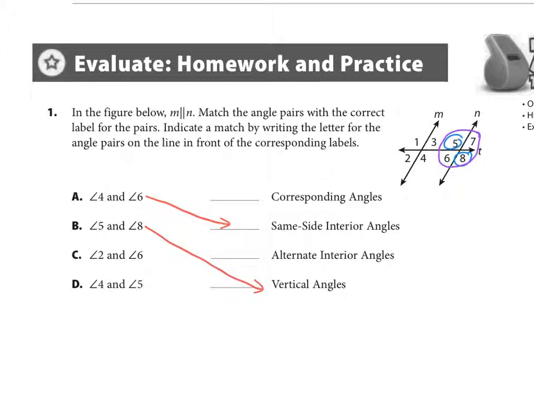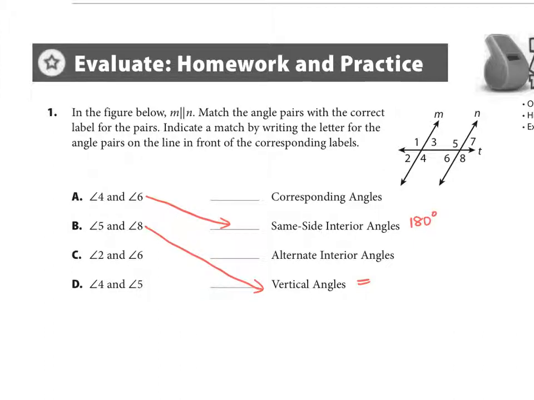Otherwise, if they're right next to each other, they're adjacent, that would be supplementary angles. All right, remember that same side interior angles, let me go back to part A, those are going to add up to 180 degrees. Vertical angles will have the same measure. They'll be equal measures.